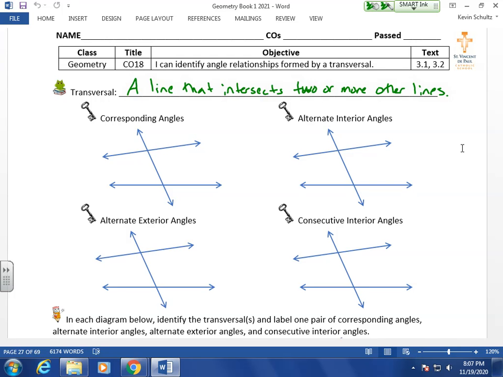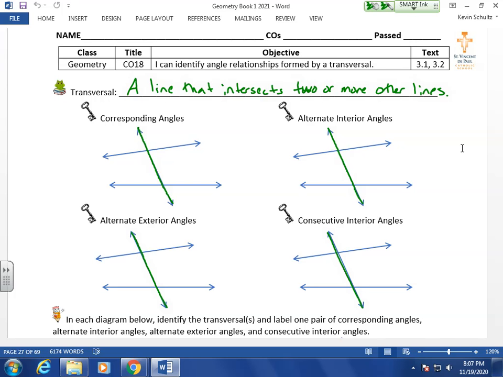So looking at these four diagrams that I have here, I'm just going to highlight the transversal in green for you so you can see it. The transversal, this line that is intersecting those other two lines that are going horizontally. Transversal there, transversal here, and transversal here.